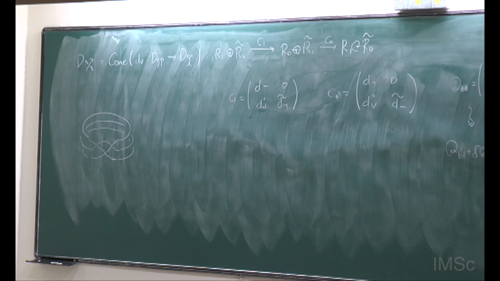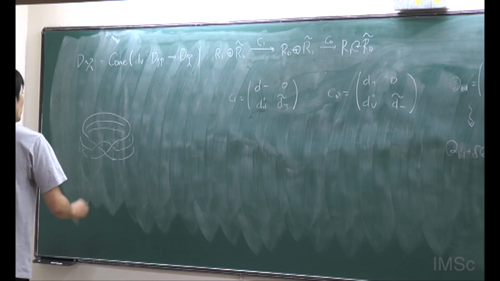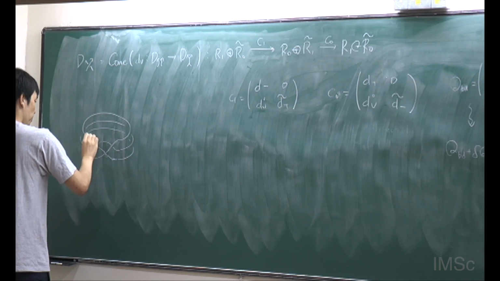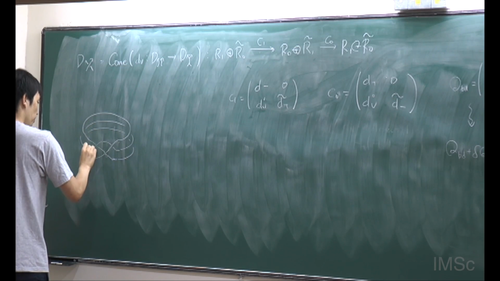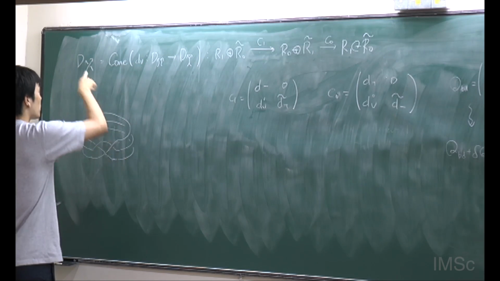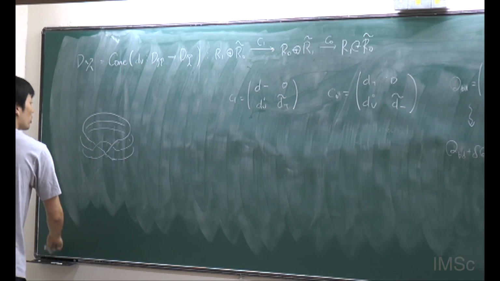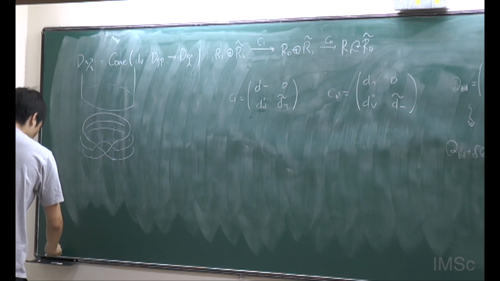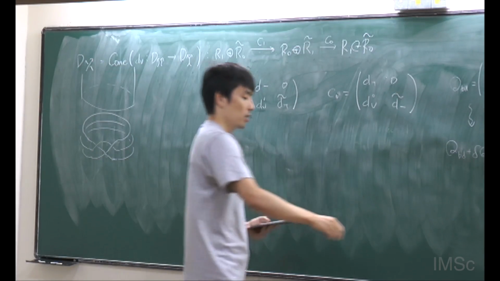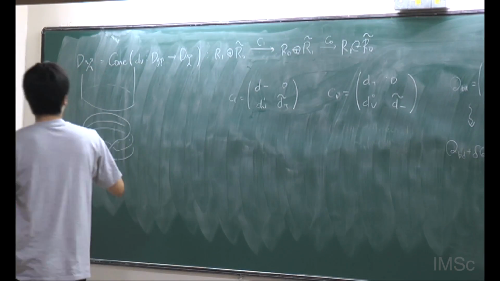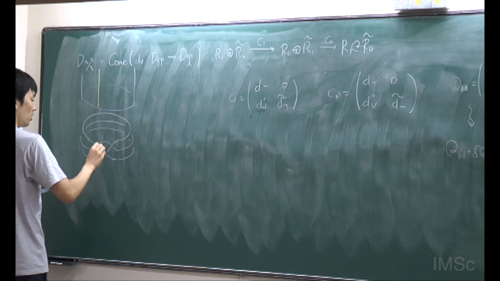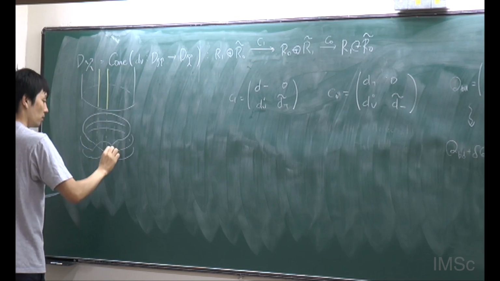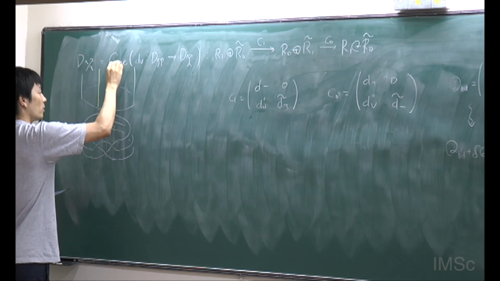Anyway, given a knot like this way, at each crossing you assign this matrix factorization. There is some construction going on upstairs. At each crossing you assign a matrix factorization, so you assign a defect.